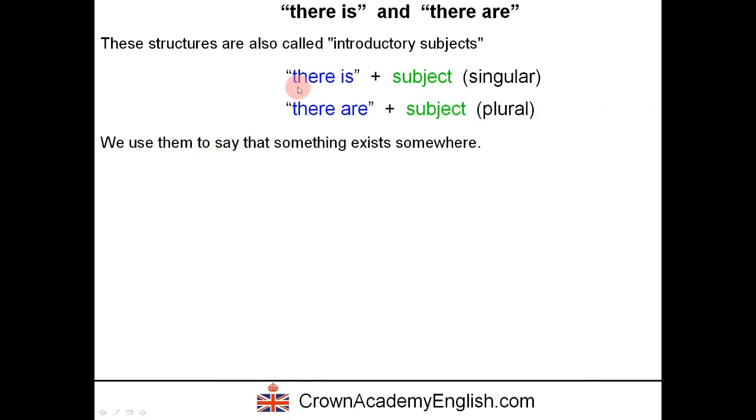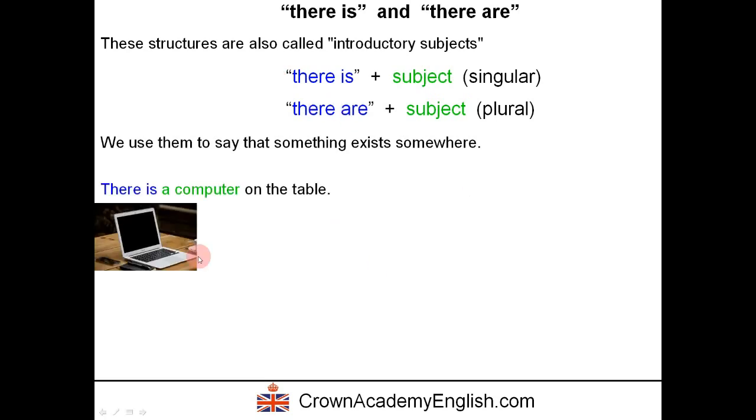And we use them to say that something exists somewhere. And this is very, very common in English. I say this all the time in my lessons. I'm sure you've already heard me use this.